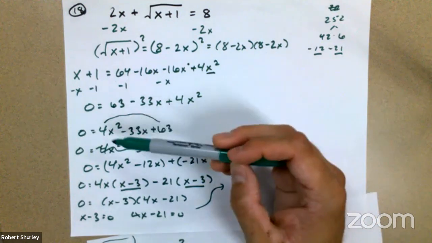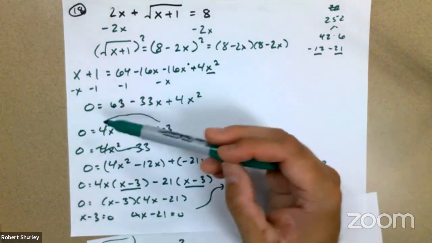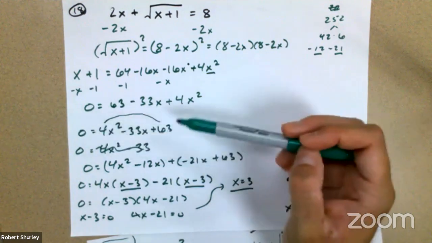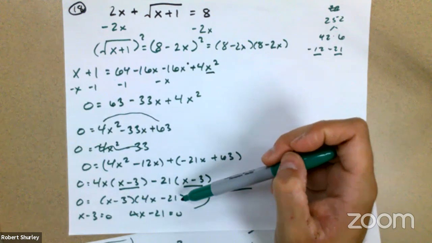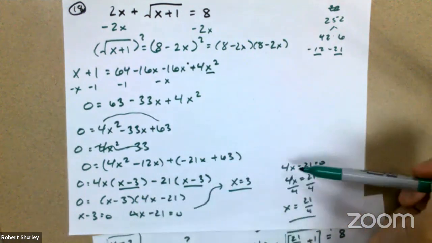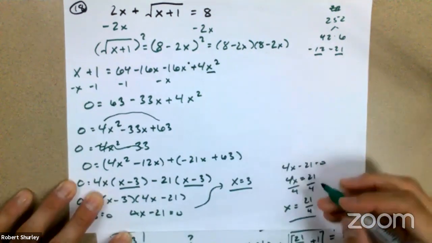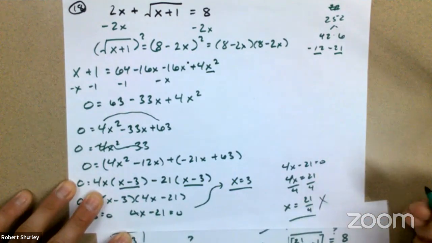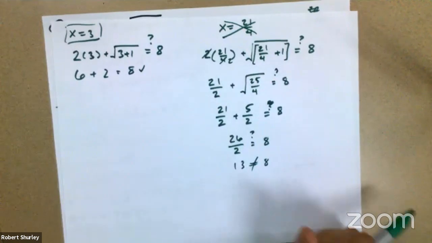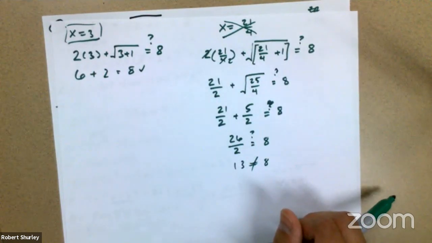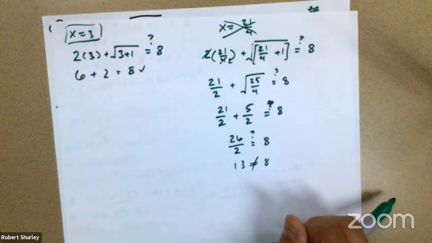And then we had to factor this. That's really what took up the most of the time, right? We had to factor this down into x minus 3, 4x minus 21, get those two solutions, but then eventually we had to get rid of this solution, right? Because it didn't work out when we checked it, okay? It did not work out when we checked it. Yeah, that's a lot. Holy cow. That turned into a lot.